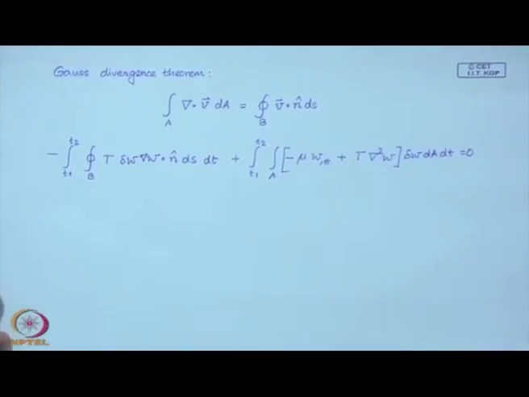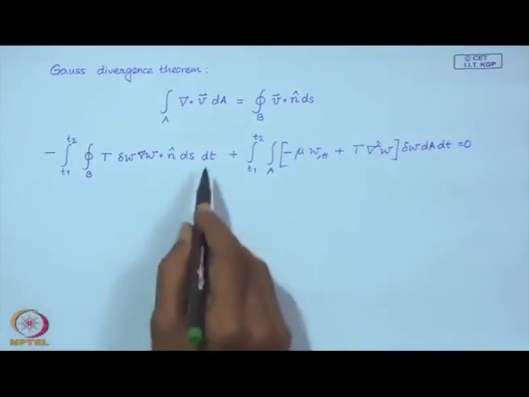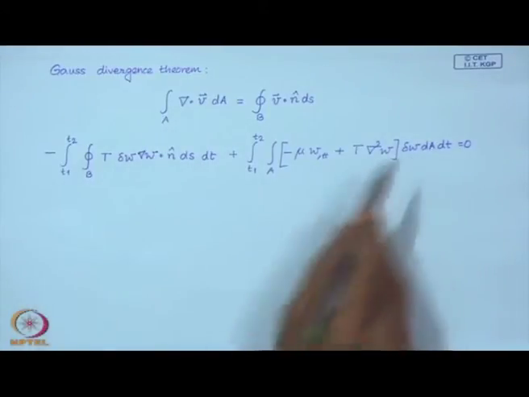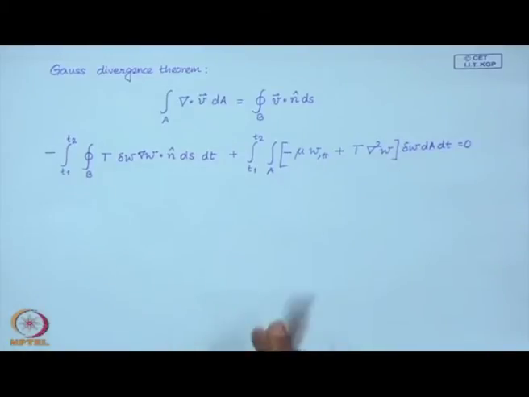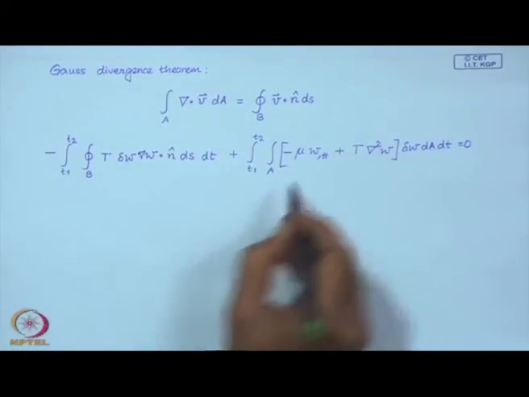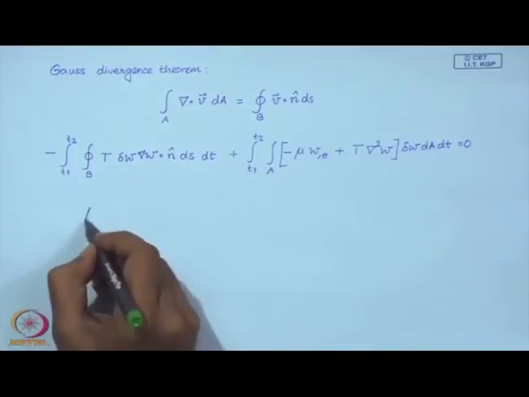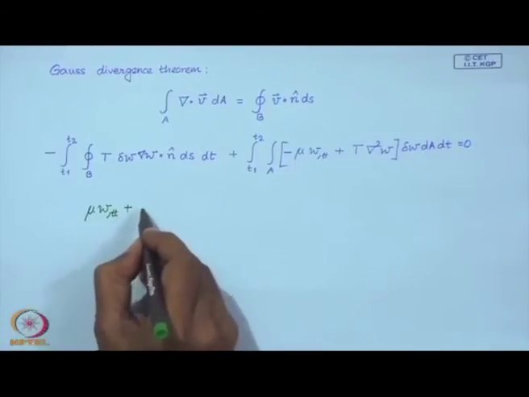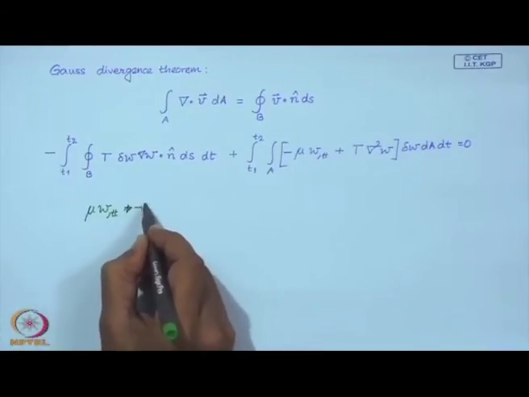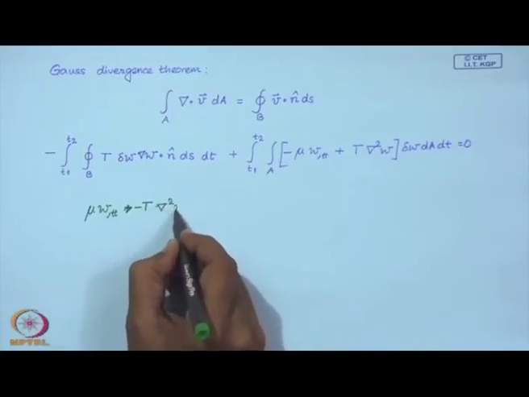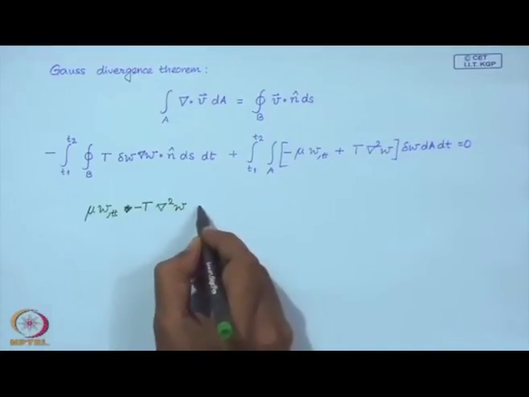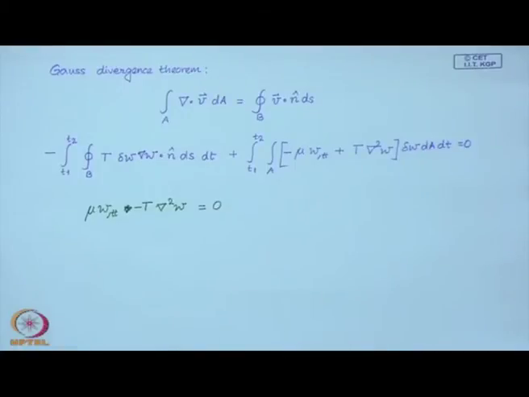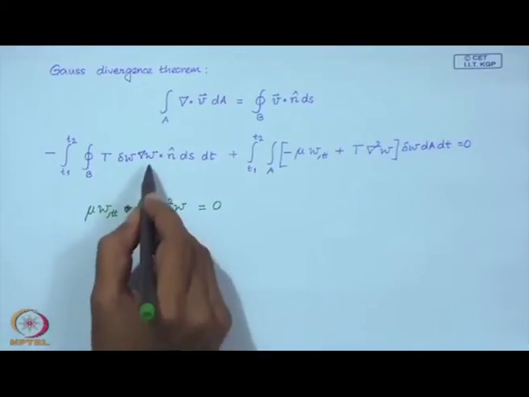Now, once again we apply the argument that the variation over the boundary and over the domain are independent. So, therefore, we obtain directly from here the equation of transverse dynamics that we had obtained before. And now, from this boundary term, we obtain the boundary conditions.